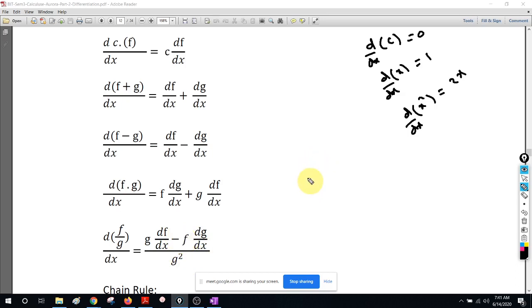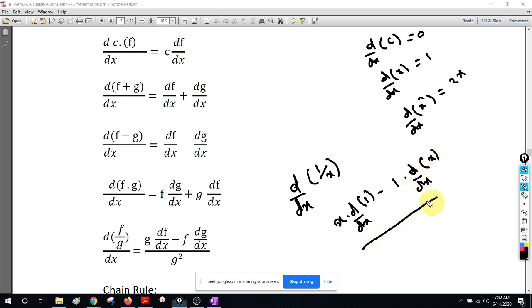Right. So now let's do an example. Say I want to find the derivative of 1 divided by x. We know x, and we know constant because 1 is a constant, but still we haven't done 1 divided by x. But I know this rule now. So look at how I am applying it. This is down, this is up. Down into derivative of up minus up into derivative of down, divided by down square.